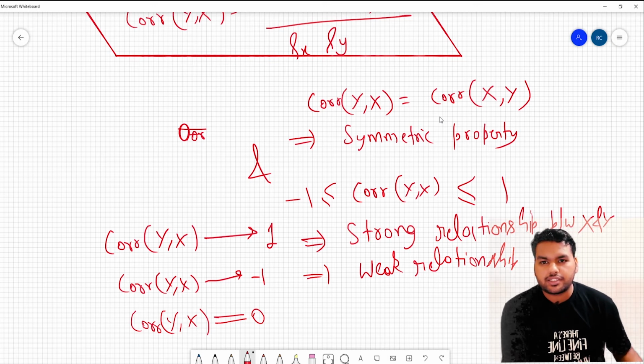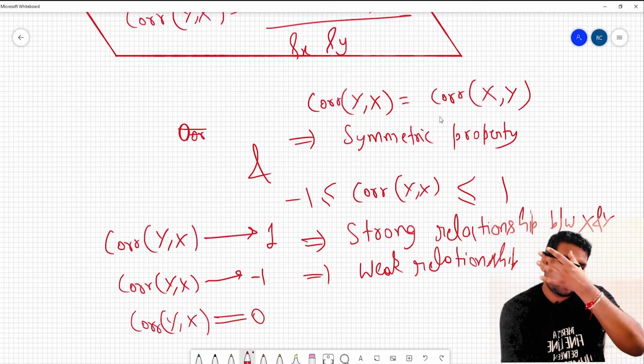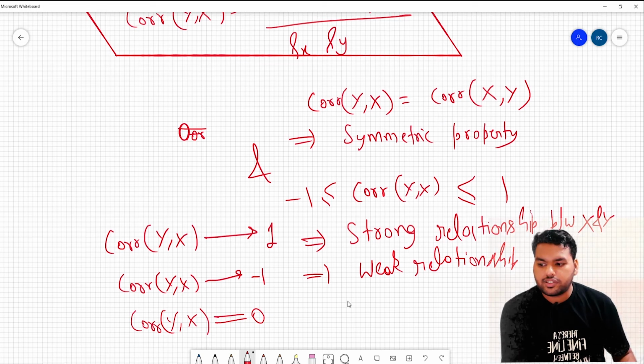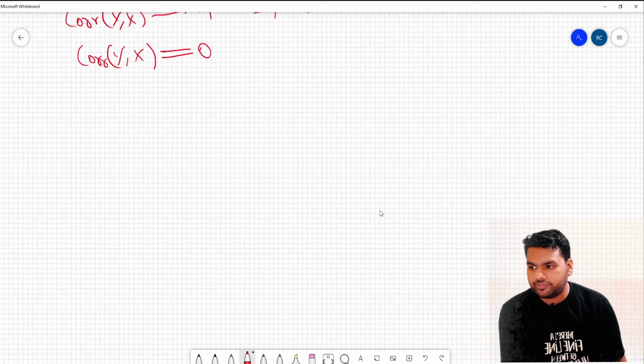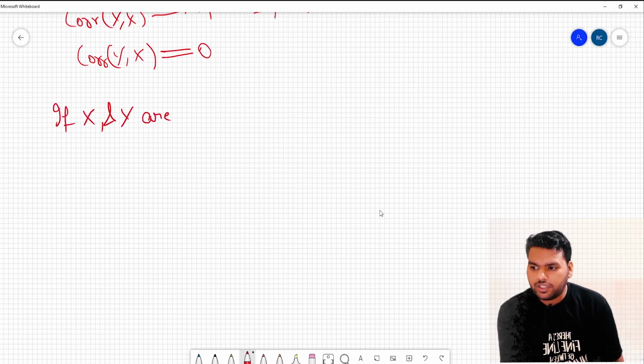It can be a case that they are not linearly dependent, because the correlation measures the linear relationship between x and y.